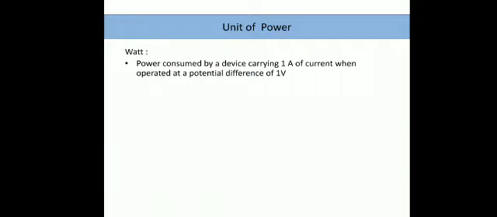1 watt is defined as the power consumed by a device carrying 1 ampere of current when operated at a potential difference of 1 volt.